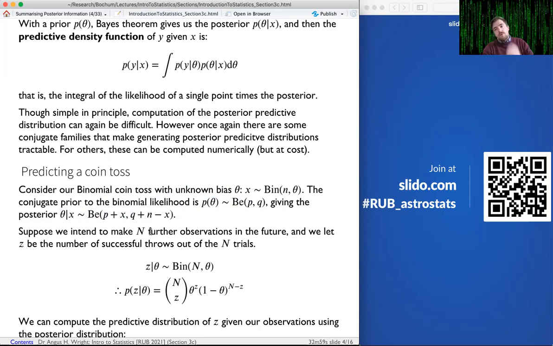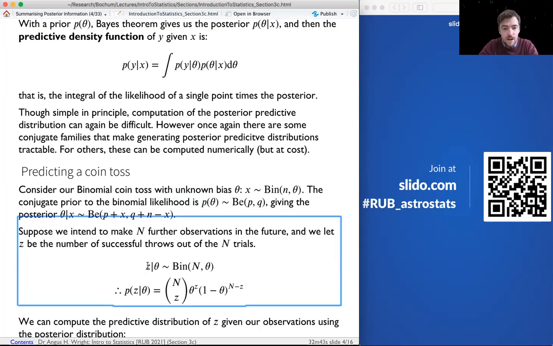Now, let's suppose that we expect that in the future, we're going to take capital N further observations, and we want Z to be the number of successes from those N future trials. So the likelihood of Z given the true bias theta is also a binomial, now capital N instead of lowercase n.